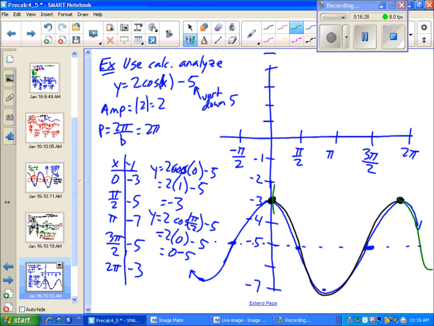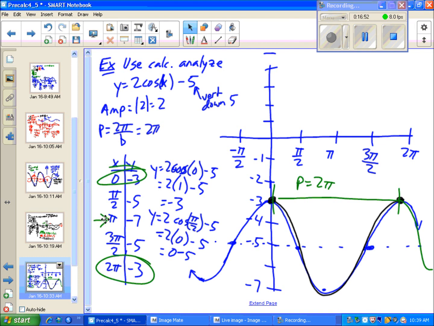But anyways, that period there is 2 pi. You've got your max values at 0, negative 3, and 2 pi, negative 3. Here are our maxes. We've got a min there, pi, negative 7. The next one would be at 3 pi, negative 7. That's a min value. Let me circle that in red.